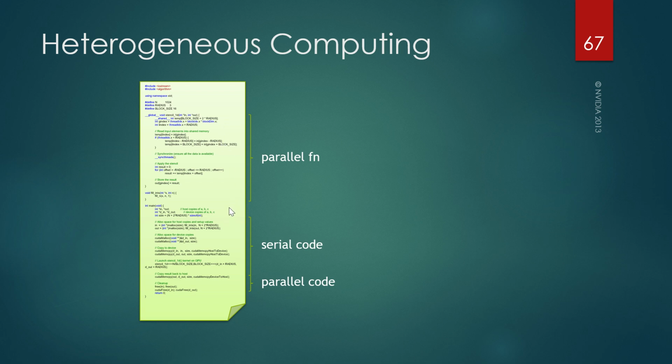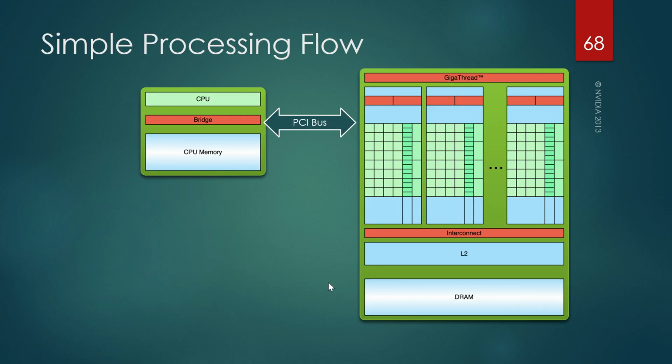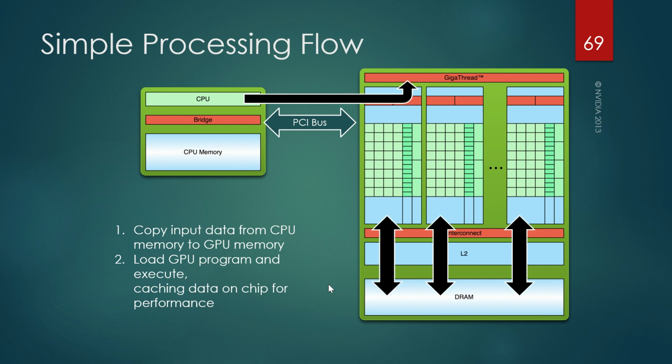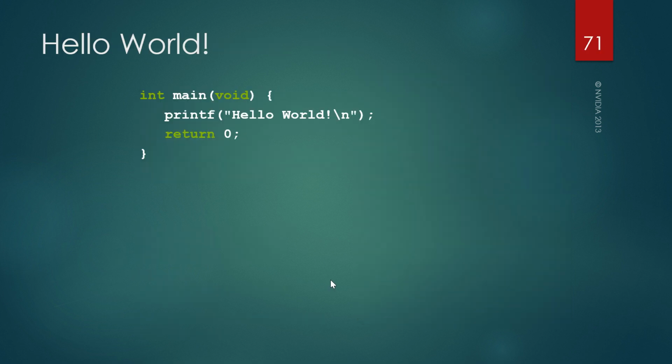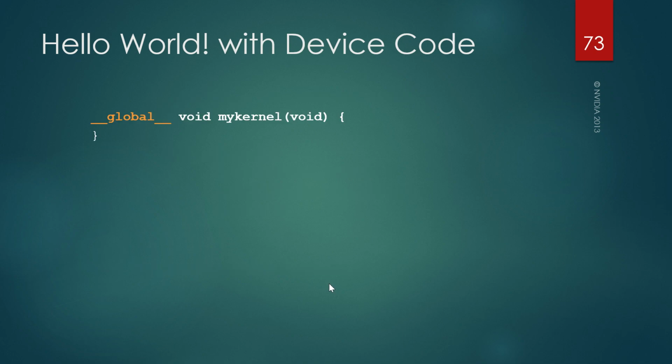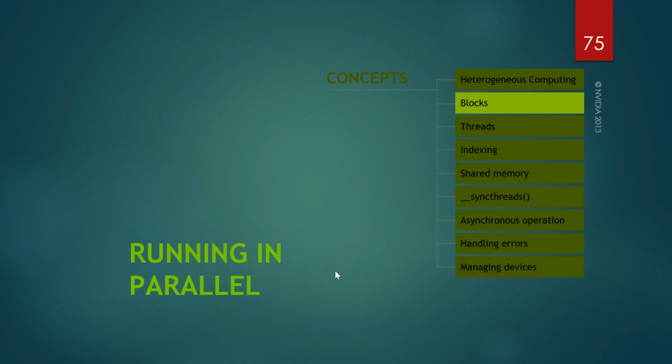Then you have the serial code, like the main, and the parallel code is just calling that kernel and getting the memory. And I showed you the flow in a program. So I'll just skip to the end of this.